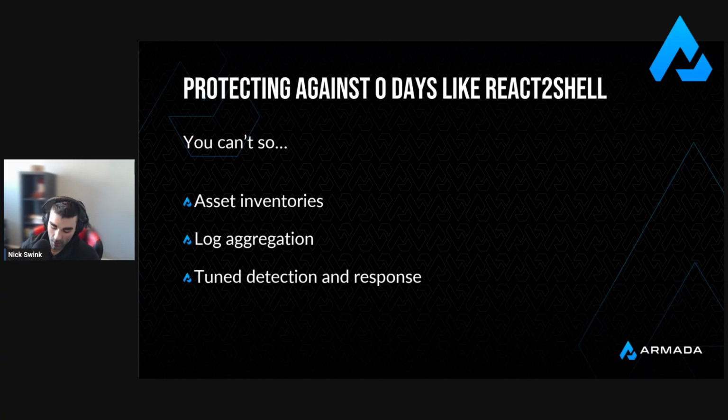So you could get lucky and your WAF could catch it. I don't think you should rely on that though, because what if it doesn't? Those are the things I was thinking about in terms of protection.